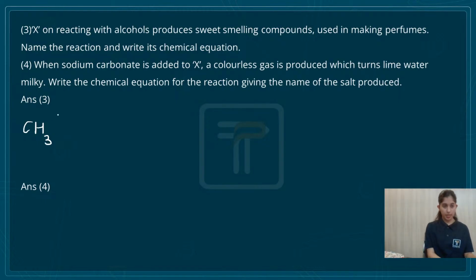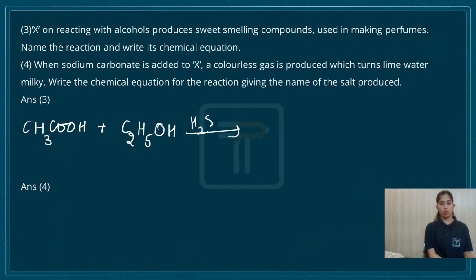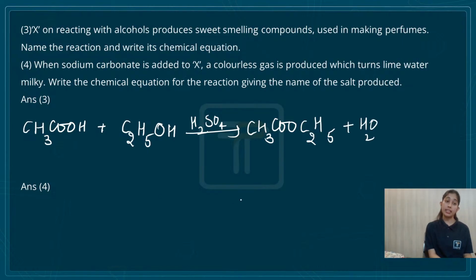We know that CH3COOH when combining with C2H5OH in the presence of H2SO4, that is sulfuric acid, gives you CH3COOC2H5 and water. That's it. Write the reaction and get your marks.